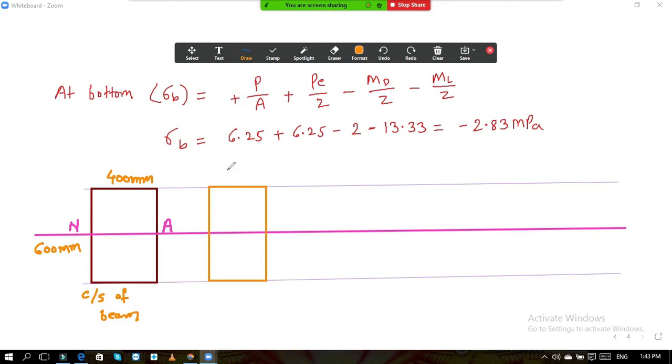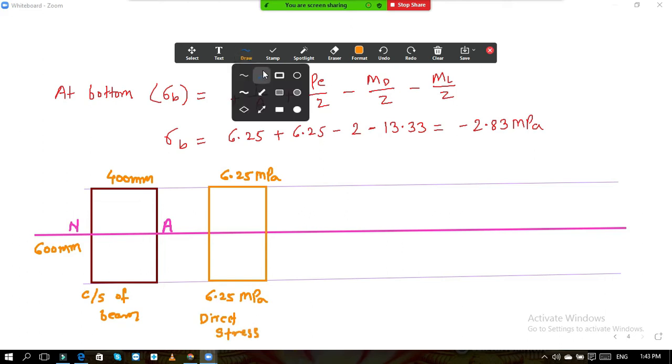Its value is, at top it is 6.25 Newton per mm square. At bottom it is also 6.25 Newton per mm square. So this is your direct stress.